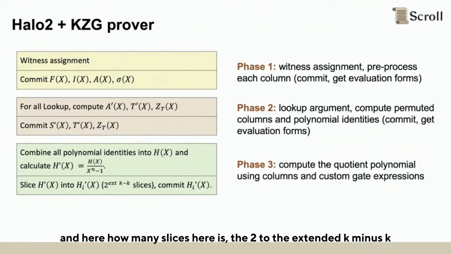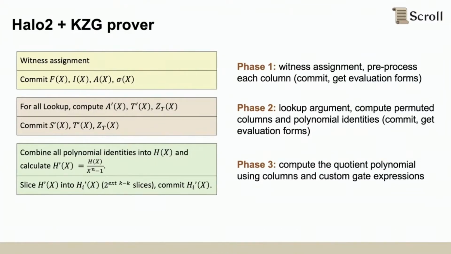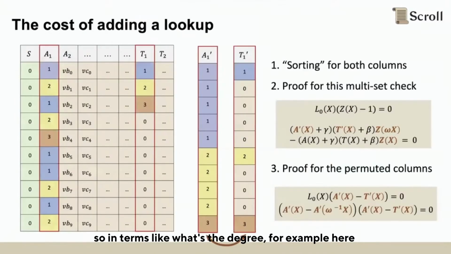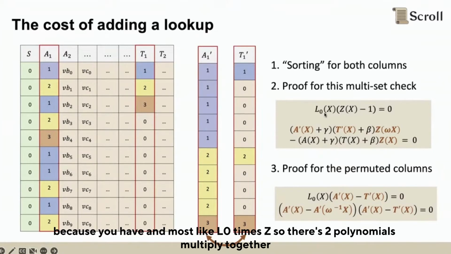And then how many slices there are is 2^(extended k minus k), where this difference between the extended k and the k is determined by the highest degree of all of the polynomial identities. So in terms of what the degree is, for example here, this L0 times (z(x) minus 1), the degree of this polynomial identity is 2, because you have at most L0 times z, so that's 2 polynomials multiplied together.